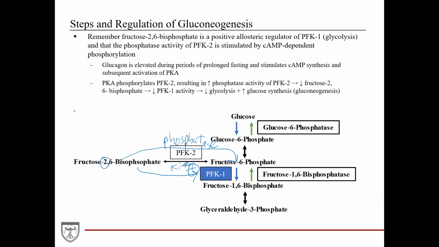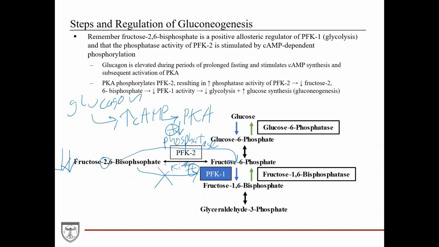And during the fasting state, you have high levels of glucagon. Glucagon, remember, stimulates cyclic AMP, which then stimulates protein kinase A. And then protein kinase A actually stimulates the phosphatase activity of PFK2. And by doing that, it's going to stimulate the conversion of fructose 2,6-bisphosphate to fructose 6-phosphate, which decreases this, and then removes fructose 2,6-bisphosphate's ability to stimulate PFK1, in essence, turning PFK1 off.